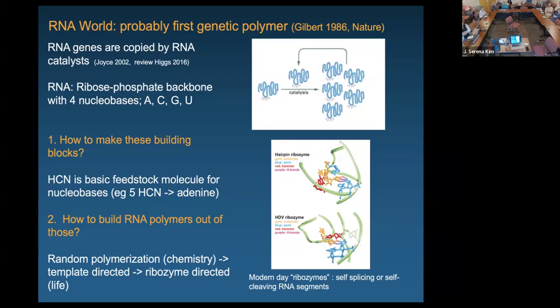Second question, how do you build an RNA polymer out of these? And for polymerization, the first step in the chemical world is the random polymerization of chunks, little bits of perhaps a few N-mers joining together, et cetera, randomly heading towards some sort of template-directed process as an intermediate step.